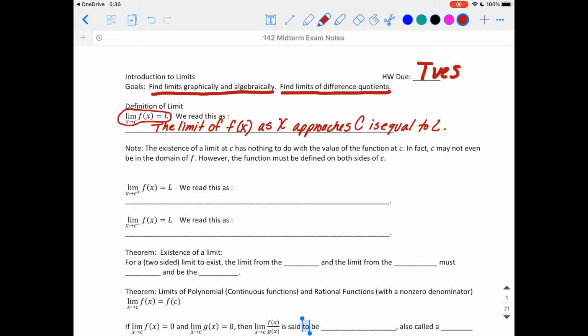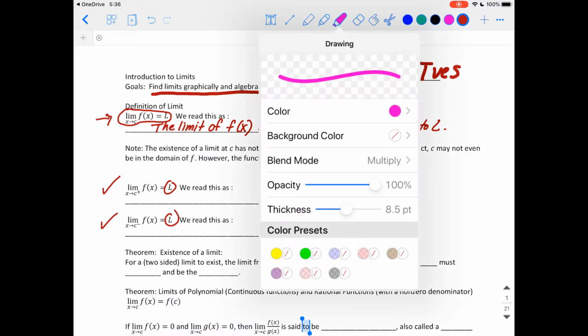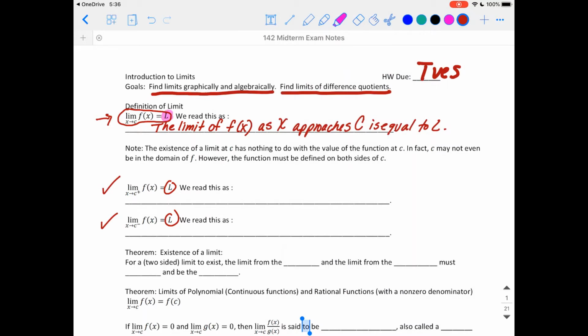So what that means is that in order for this to work, the answer to both of these needs to be the same L that we're talking about right here. So let me highlight it. So this L and this L and this L are the same.